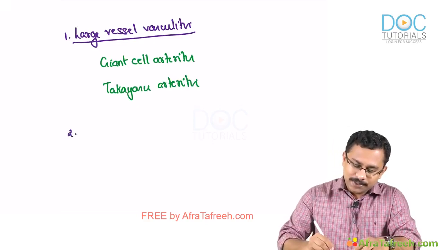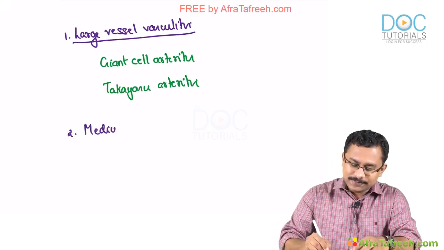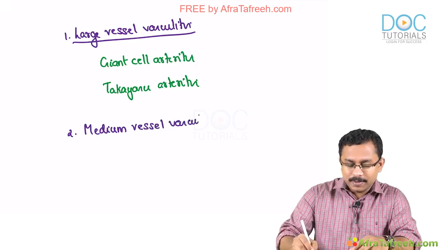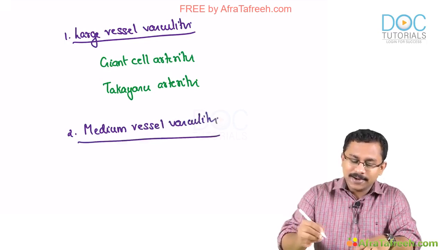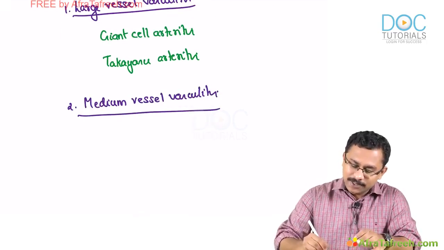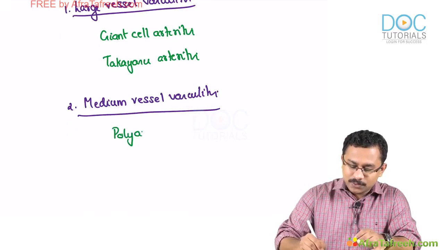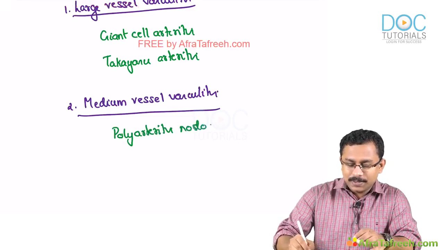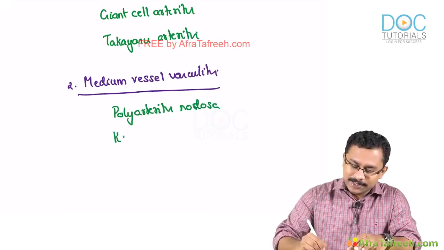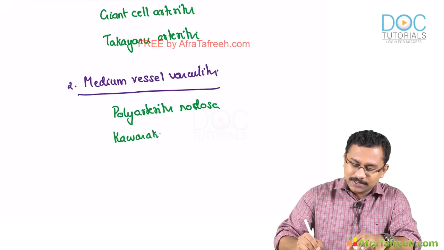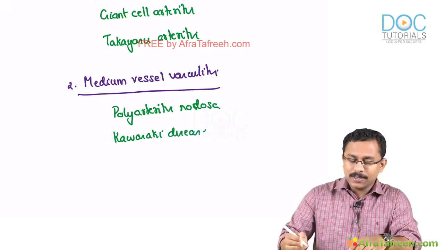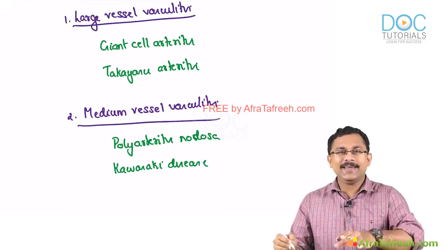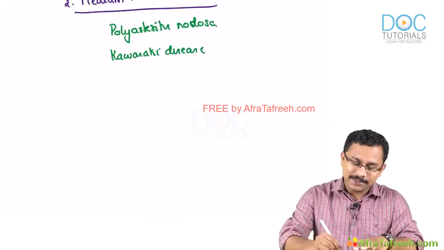Number 2, the medium vessel vasculitis. So what are the entities in the medium vessel vasculitis? You have the polyarteritis nodosa, as well as Kawasaki disease. Okay. So these are the 2 medium vessel vasculitis. And then finally, you have the small vessel vasculitis.